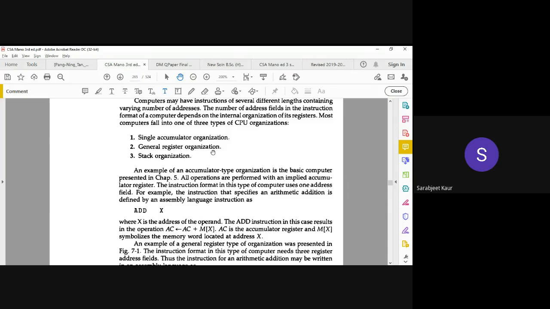If I am able to specify two register addresses or two memory addresses in a field, then I will be using a two address instruction, things like this.